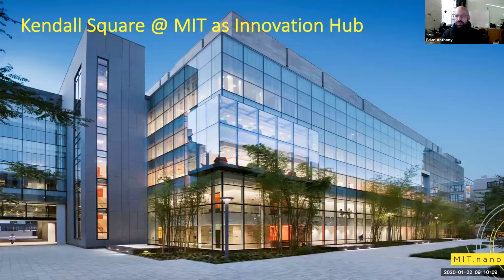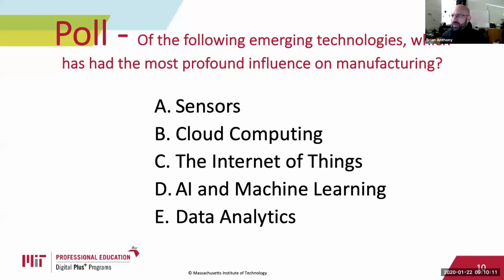But first, before we move on, I want to have a poll just to get a good sense of who's listening and where your mind is, what you think are the most impactful things happening in the world. The poll is of the following emerging technologies, and this is not an exhaustive list.